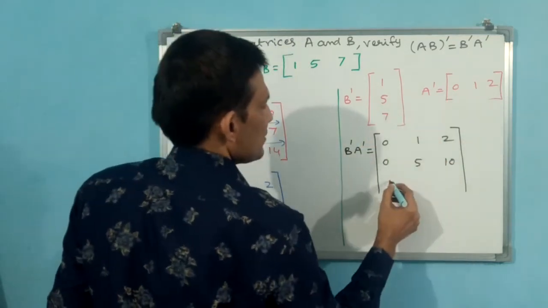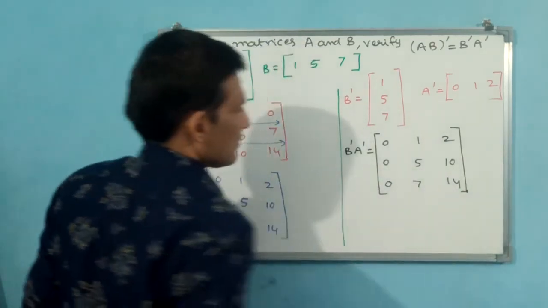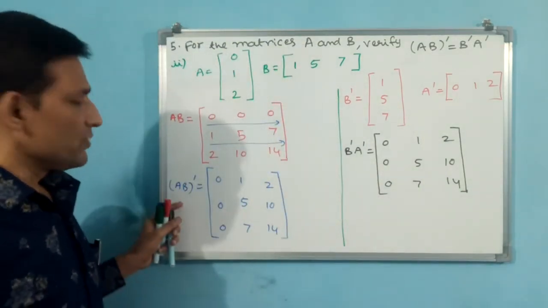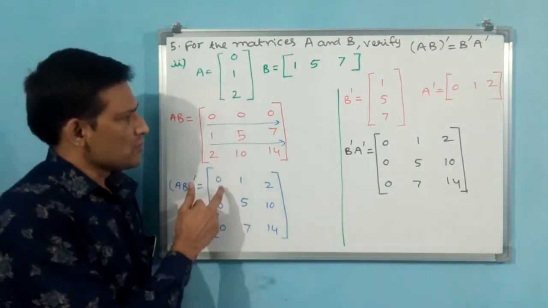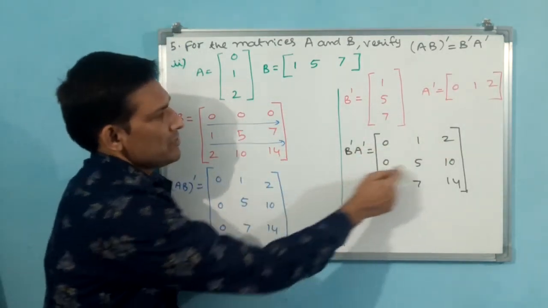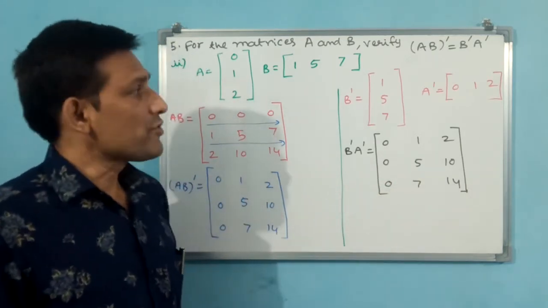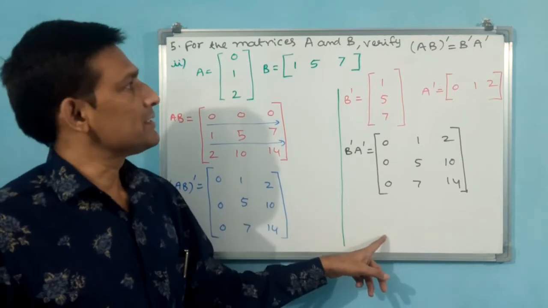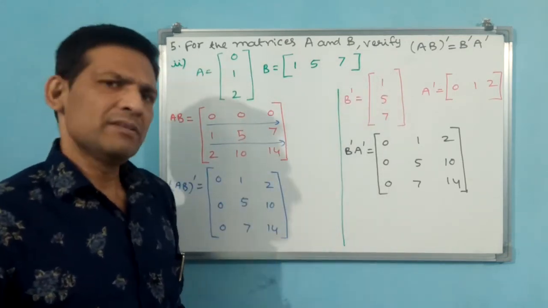With 7 you are doing: 0, 7, 14. This is B transpose into A transpose, and the earlier one is AB whole transpose. Now you compare: both match. So you write LHS is equal to RHS. Hence verified.